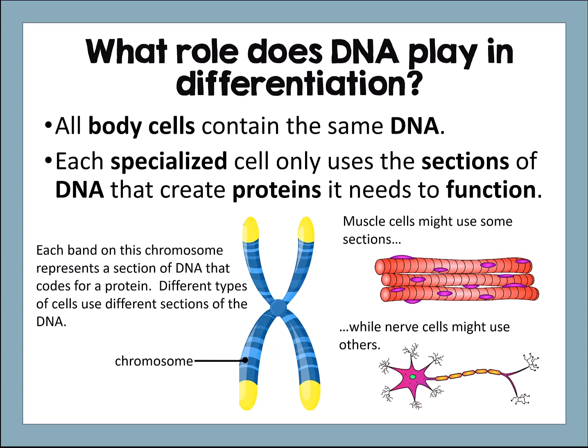So it's only using a portion of that DNA that provides for its structure and function. Each band on this chromosome represents a section of DNA that codes for a protein. Different types of cells use different sections from the DNA. Muscle cells might use some of the sections, while nerve cells might use others.